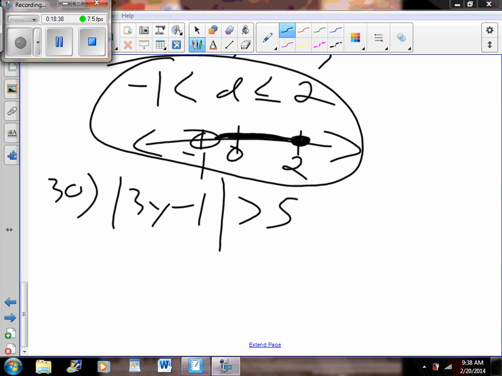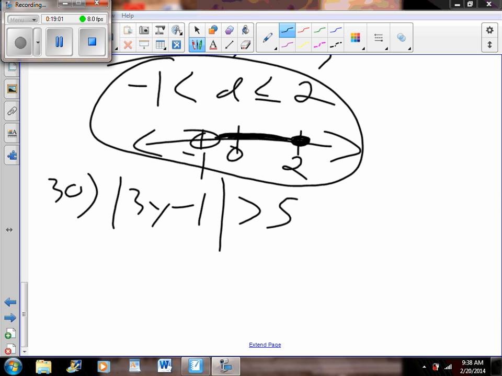Okay, last one. The absolute value of 3y minus 1 is greater than 5 units. Now, this is an or, right? Because you see the greater than sign, we want all the values of y that will make 3y minus 1 greater than 5.